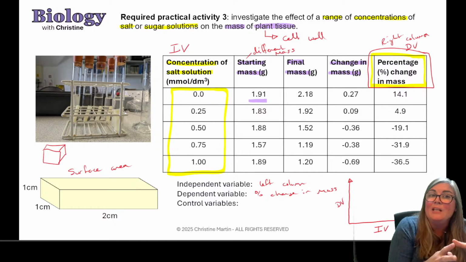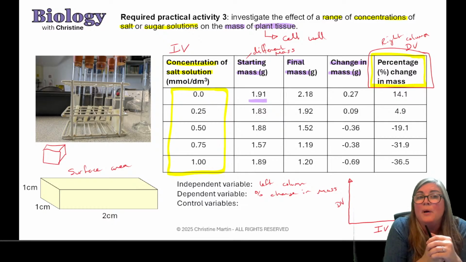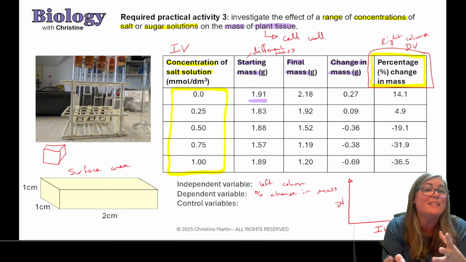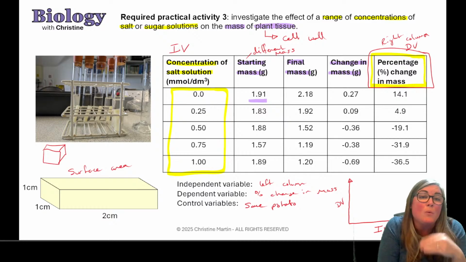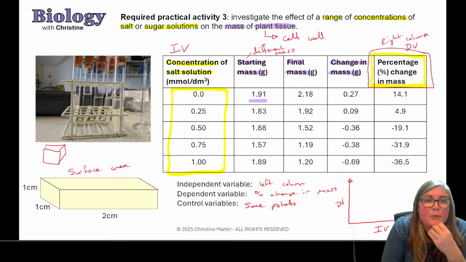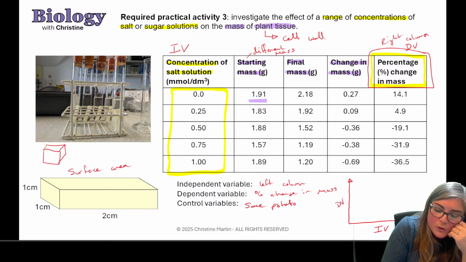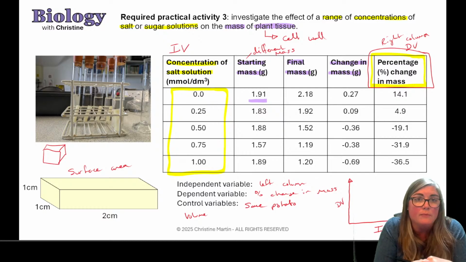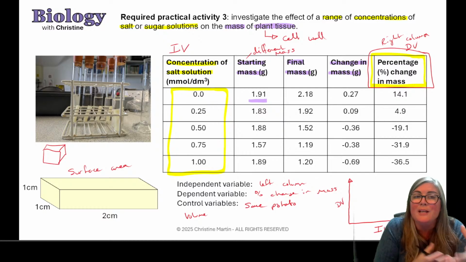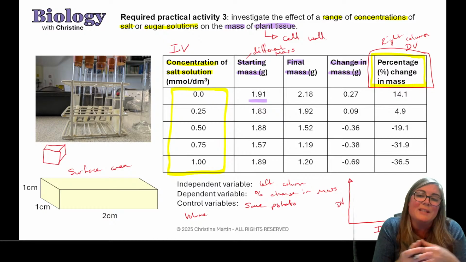Did the potato chips that I made in my investigation, did they come from the same potato? That would be one of the ways in which I'm controlling the variable. What was the volume of the salt solution? So what volume did I actually put in when I did this investigation?